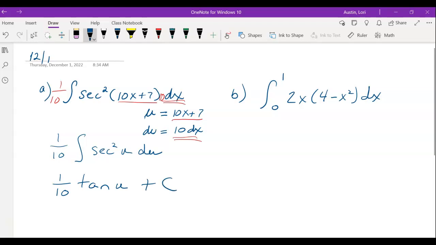You don't give me an answer in terms of u. If it were a definite integral and we changed the limits, then yes, you don't have to plug it back in. But because this is indefinite, we don't give an answer with u. What is our answer? 1/10 tan(10x plus 7) plus C. Yep.